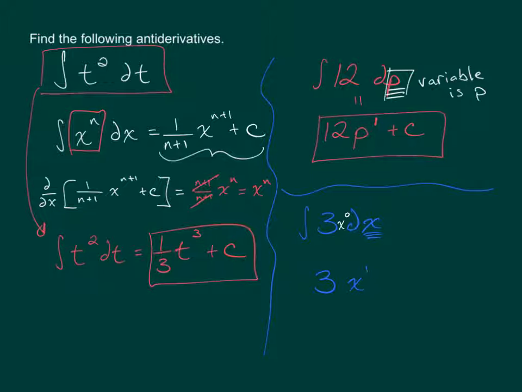And then when you follow the rule over here, multiplying by the reciprocal of the new power, it turns out the reciprocal of 1 is just 1, so we don't need to do it for a constant. So this is 3x plus c. These are some basic antiderivatives.